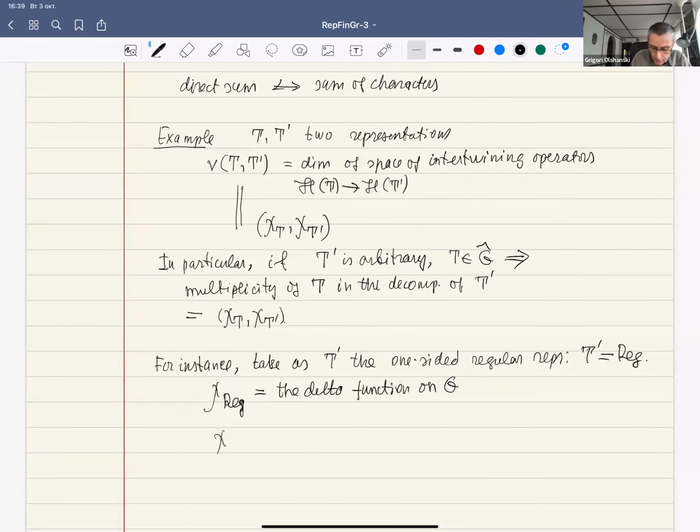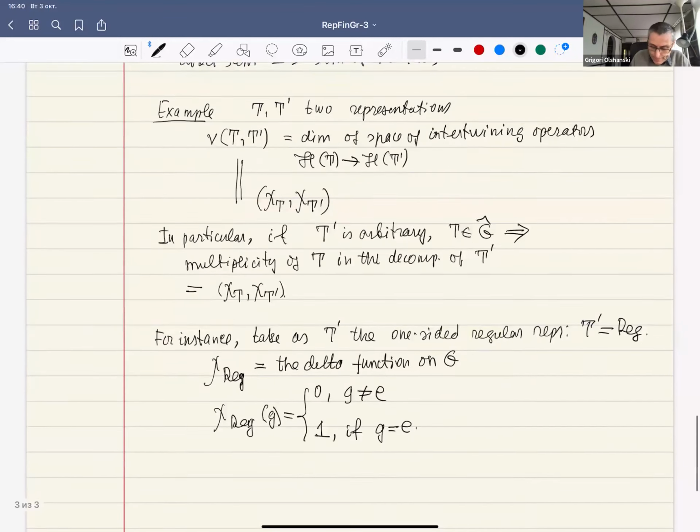So this means that the value at element g is equal to 0 if g is not the unit, and 1 if g is equal to the unit.